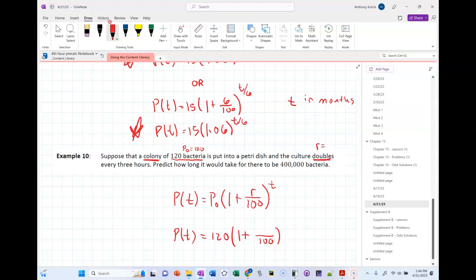What percentage change is going to result in a doubling? Somebody, please, give me something. What percentage change results in a doubling? Even if you're wrong, that's okay. 50.